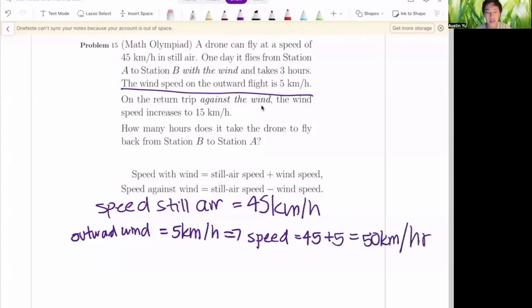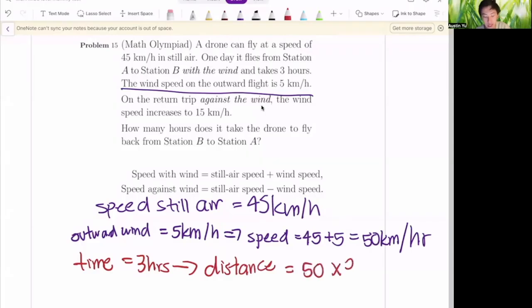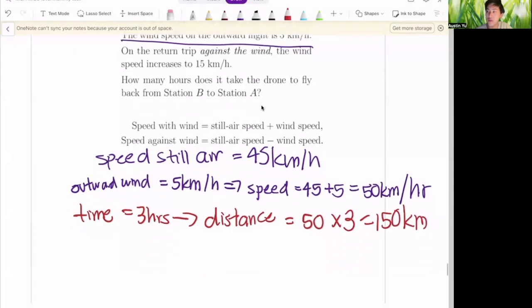And then finally, the time, right? In total, it takes 3 hours from station A to B with the wind. Times distance. And the speed, as we already calculated, is going to be 50. So 50 times the time is 150 kilometers total distance traveled.